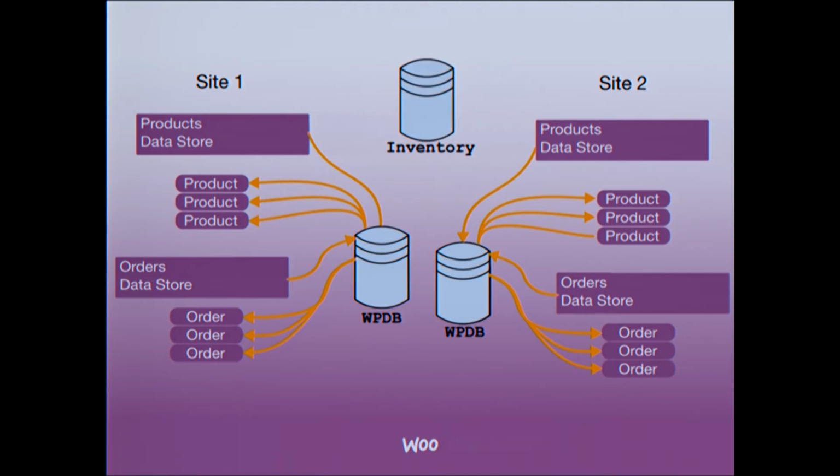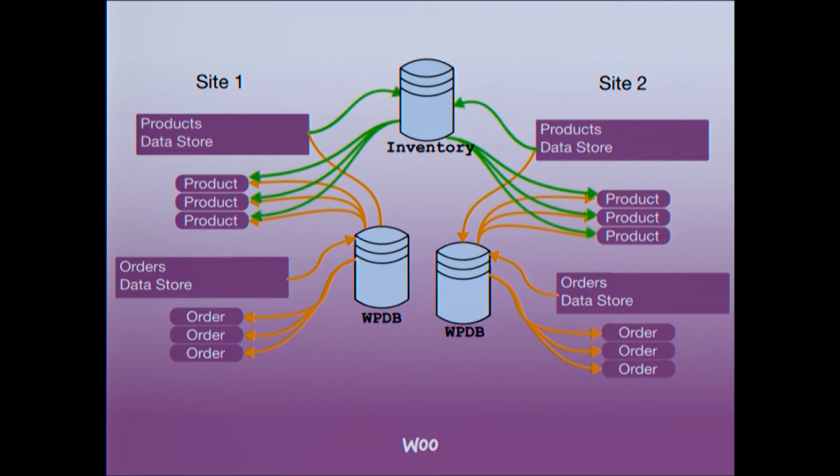But what if you've got your inventory in a separate database? What if you customize your products data store and you get most of your information from the WordPress database, but you get your inventory count from another database, right? That's totally possible, and actually, I've got a code example that shows just that.